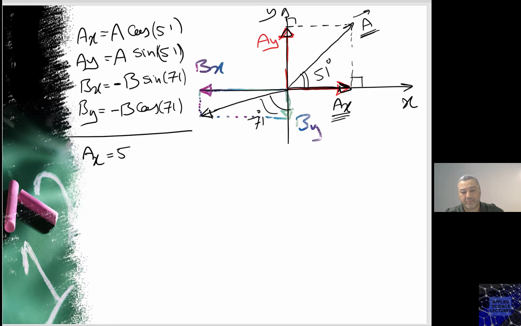Just keep this in mind. You want AX, right? Then the angle is between the vector and AX, so you take cosine. You want AY, but the 51 degrees is not in between, so you take the sine. This is how I do it. So that's how you do it so quickly.